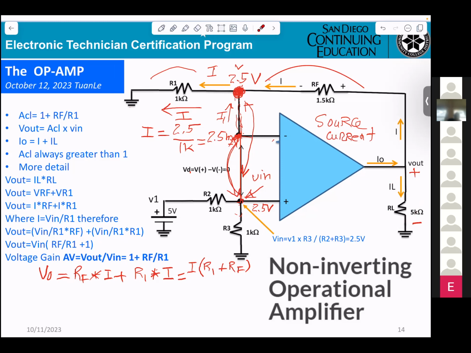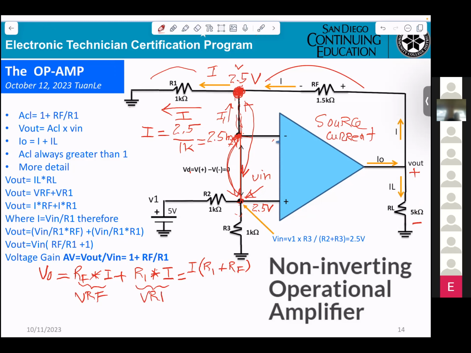Second thing, V out equals VRF plus VR1. That means we already told you right here, VRF, this one, VR1.